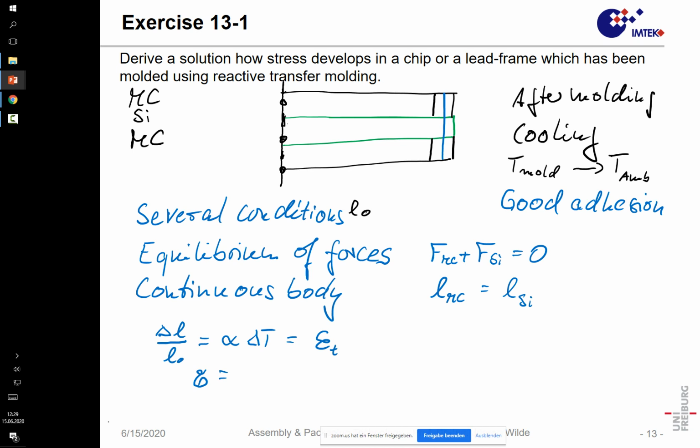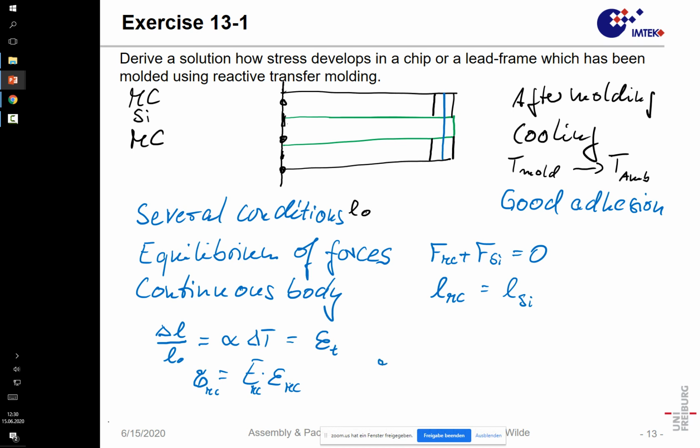Go ahead. Okay, so that's a simple formula. Sigma is E epsilon. So, of course, sigma molding compound is E molding compound times epsilon molding compound.